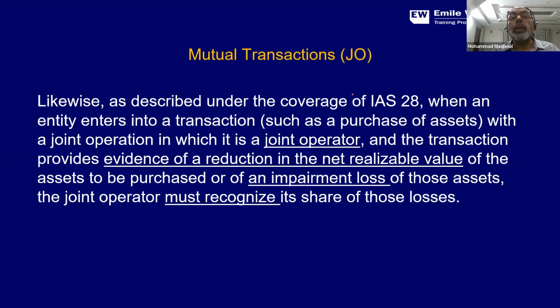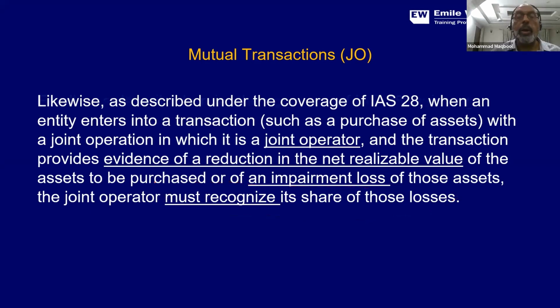Okay, mutual transactions can also take place, like we discussed in the case of a joint venture and associate. If it's a loss, every party has to recognize their share of the loss from the transaction. If there's a loss, it indicates impairment. So they have to recognize the loss, even if the assets are still in their possession, even if it's not a realized loss.